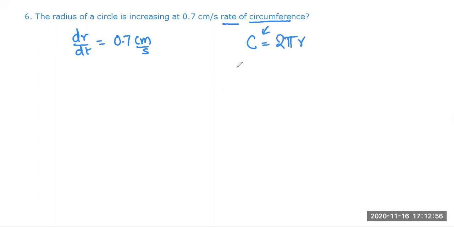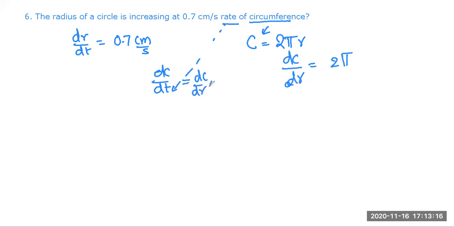We've got the formula, and what we need to find out is dc by dt. That's the rate. When we say rate, it is dc by dt. So we'll first do dc by dr. That's equal to 2 pi. So dc by dt equal to dc by dr multiplied by dr by dt, so that we will cancel.